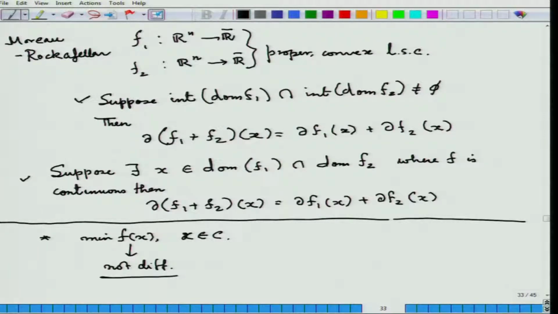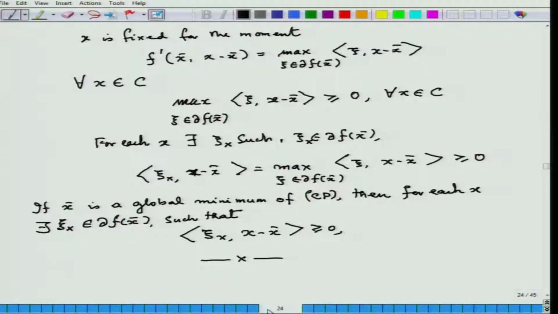We had already done something exactly like that: we have shown that if x bar is a global minimum of Cp, then for each x this is true. Of course, if this holds, then x bar is also a global minimum of Cp. The converse is also true.